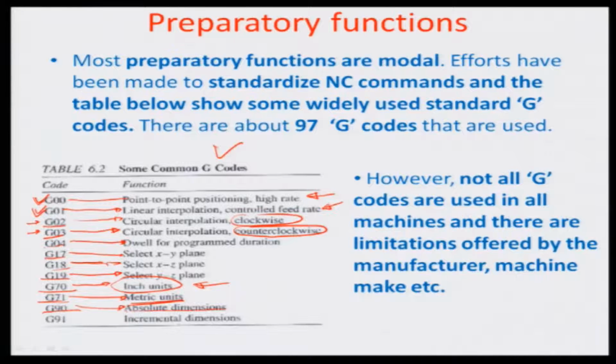If the controller is commanded to follow the absolute dimension strategy, then it is going to automatically read whatever x, y, z values you punch in as the coordinates. And if it is in the incremental mode, then obviously it will take the x, y, z value to be the next x, y, z where the tool has to be.